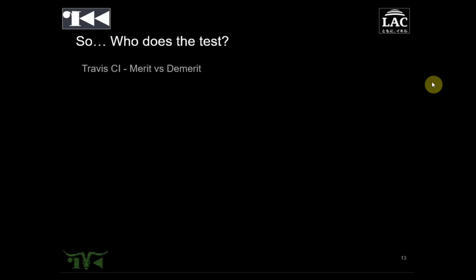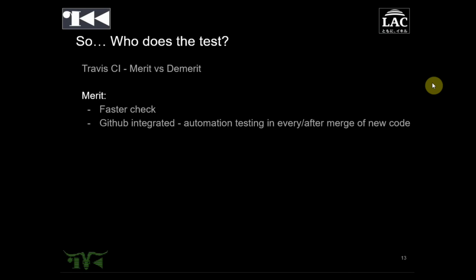And in the testing with CI, there are merits and also demerits. For the merit, it is a really faster check, and it is integrated to the development environment, for example GitHub or any kind of the Gits or others, and it has the automation testing on every merge or after merge of the new code, and it is useful for the developer to instantly check or adjust their work with trial and error, so that it's fast.